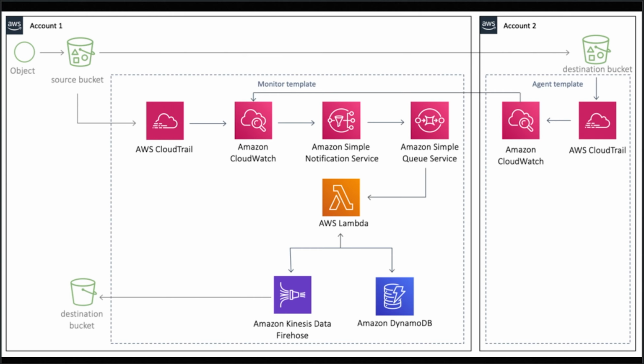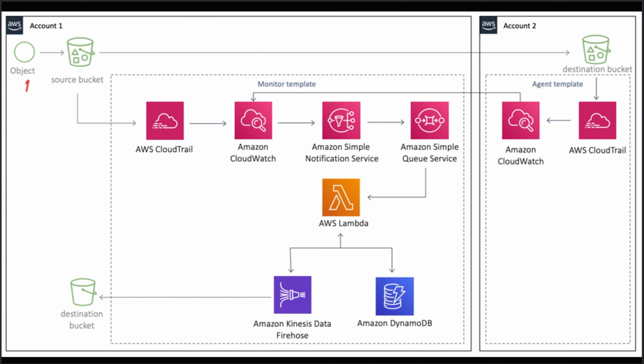So let's say this is our object, and when an object is added to the source Amazon S3 bucket, the Amazon CloudTrail logs that event data and then triggers an Amazon CloudWatch event rule that publishes a message to the Amazon SQS. Okay, and then it stores that message in the source bucket's region.